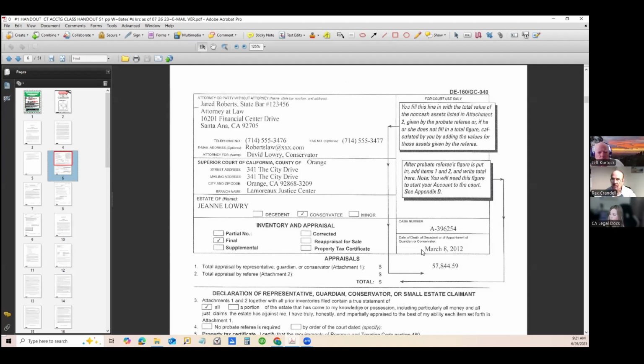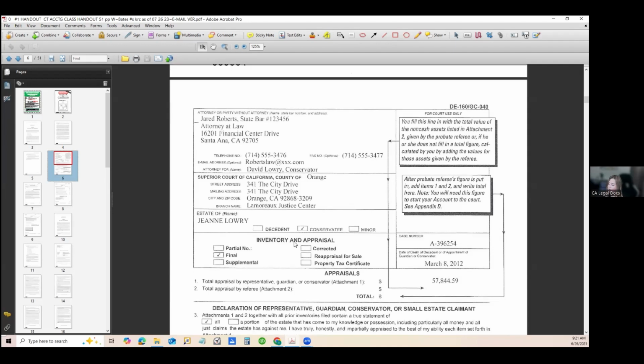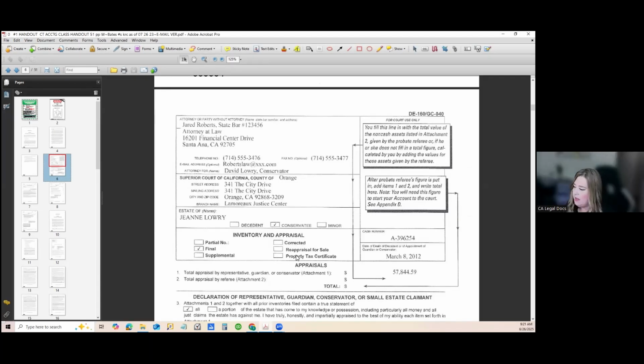Because remember, this appraisal was based on this date, and say we're in 2025 and I need to have property sold, then it would be the reappraisal, but that is nothing I would use for my accounting. If this box is marked, this is not an appraisal I will use to start my accounting.